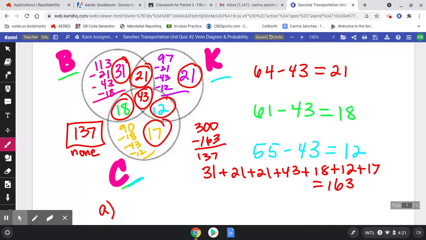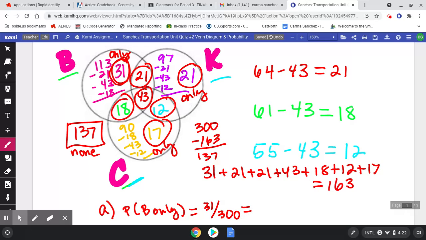For example, what's the probability that they liked the backup camera only? That would be this 31 number. All of these outside numbers are the only numbers because all of the intersections represent more than one feature. So if they said, what's the probability of backup camera only? You would say that it was 31 out of 300.